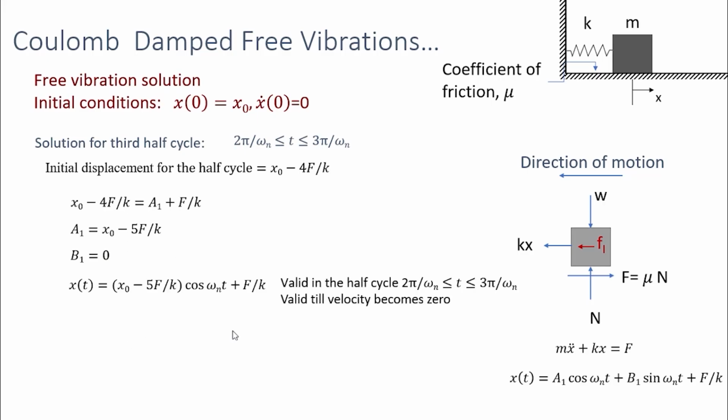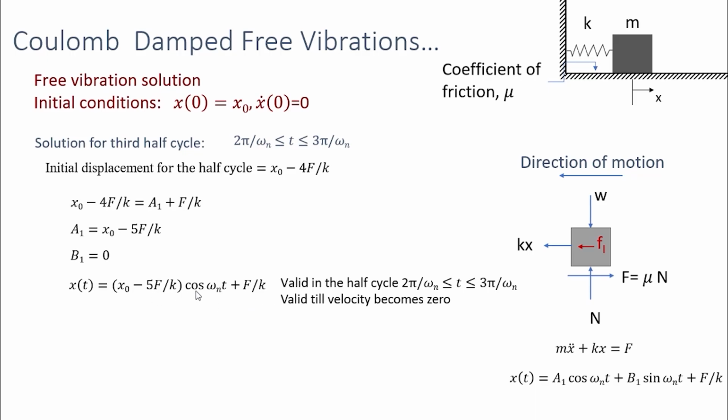So this is the solution of the system in the third half cycle: x naught minus 5f by k cos omega nt plus f by k. And this solution is a cosine function with some amplitude and is shifted in the positive x direction by f by k.